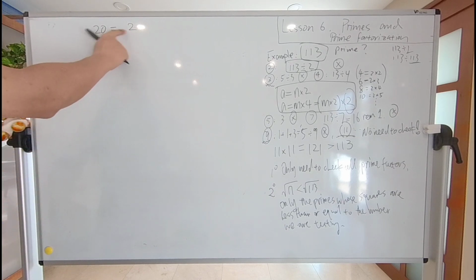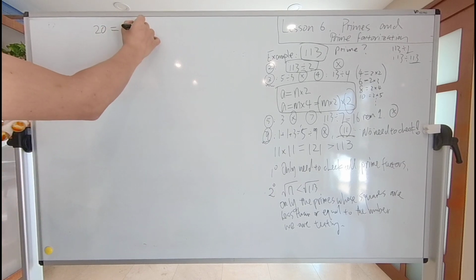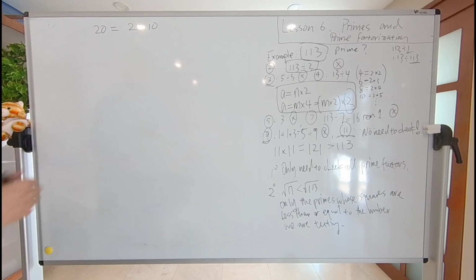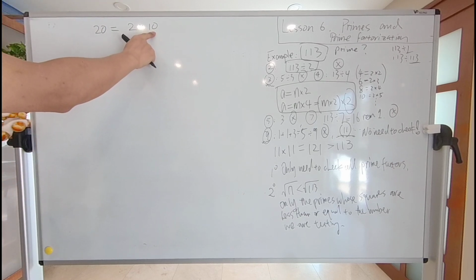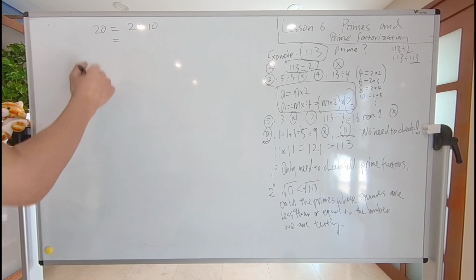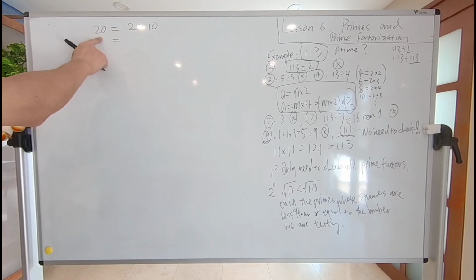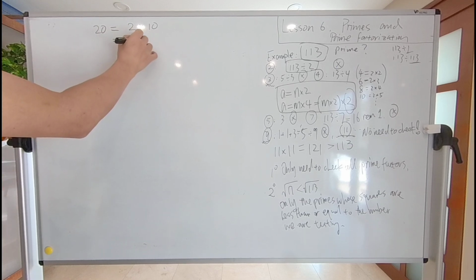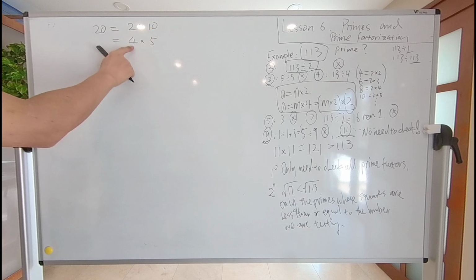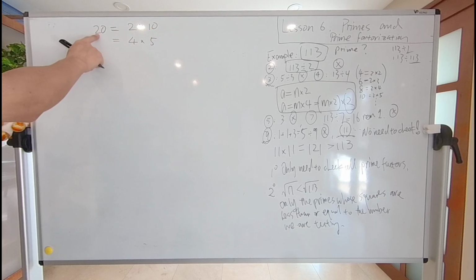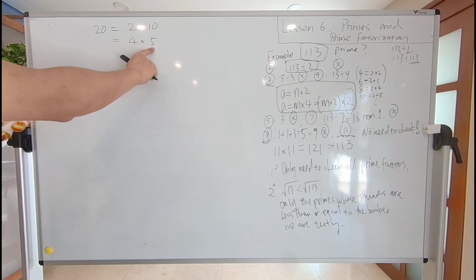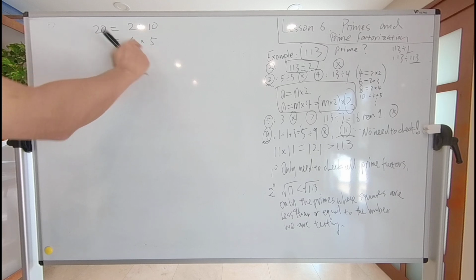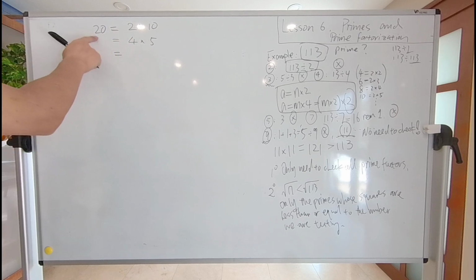So if number 2 is a factor, 20 can be written as 2 times 10, right? So I can check number 3 is not a factor, but number 4 is also a factor. And if number 4 is a factor, that means 20 can be written as 4 times another integer. Here it is 5. And then if I check 6, 6 is not a factor.